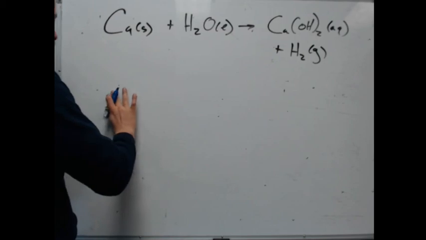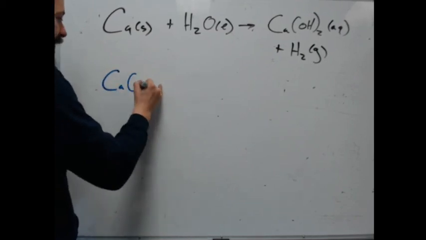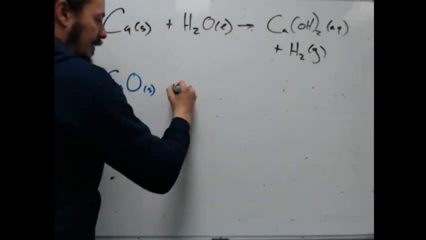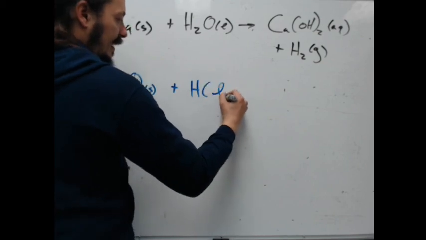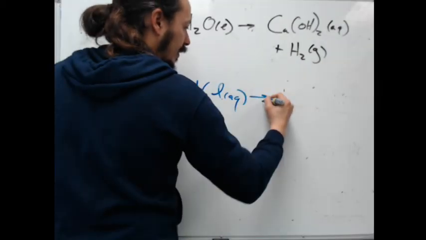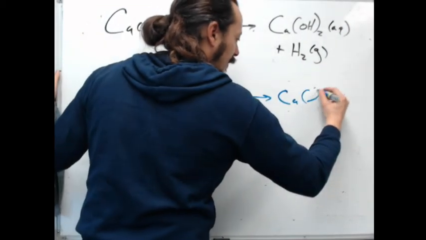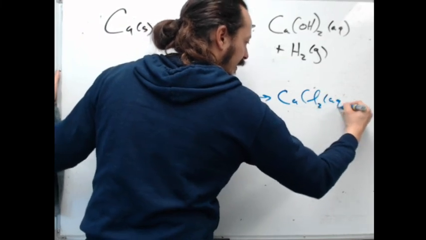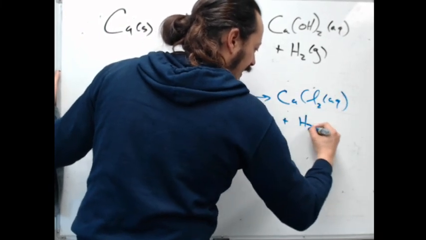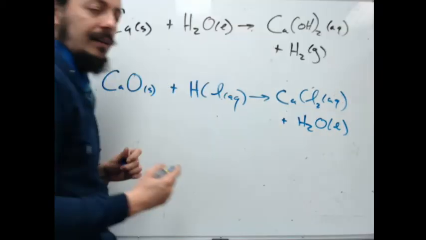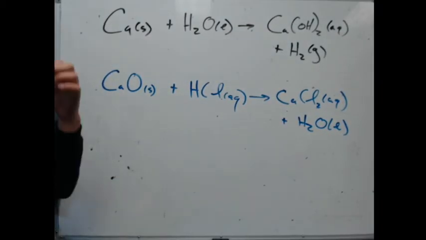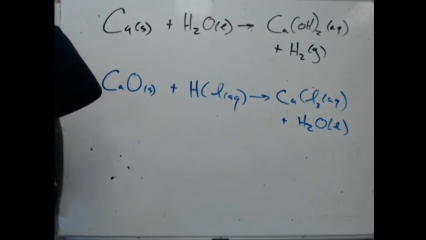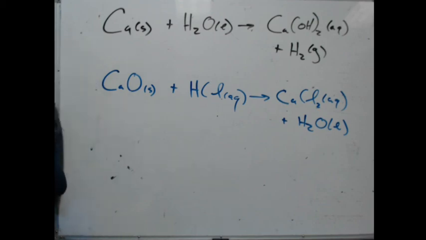That is calcium oxide plus HCl aqueous goes to calcium chloride plus H2O liquid. I take it now that I wrote those down, you're like, oh yeah, that's kind of obvious.